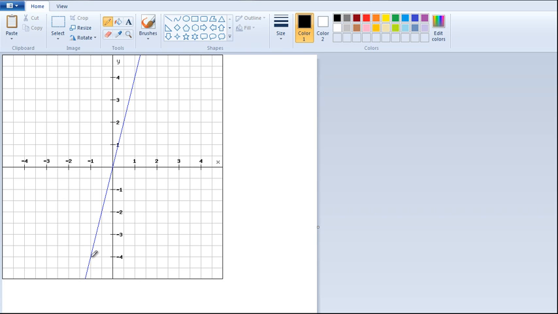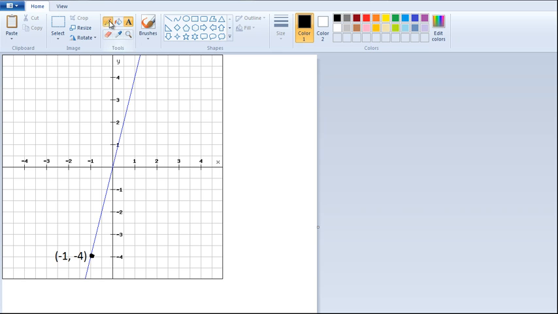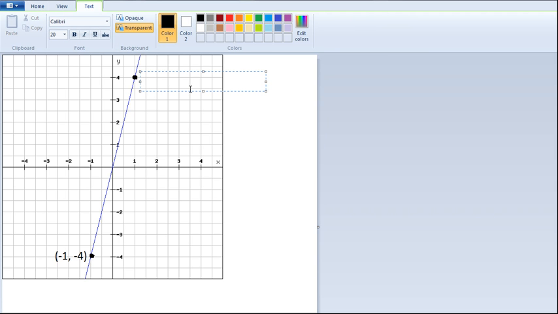Let's choose this point, which is -1, -4. And how about we choose this point, 1 and 4. Let's write the coordinates here, 1 and 4.